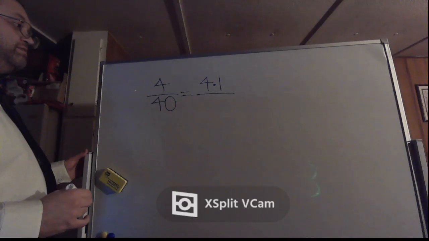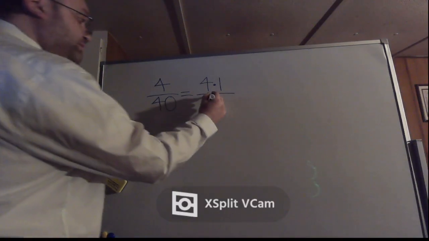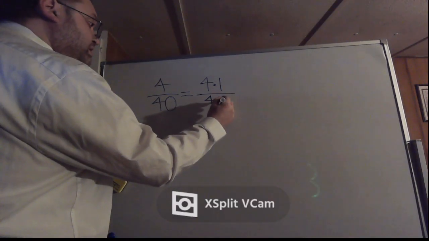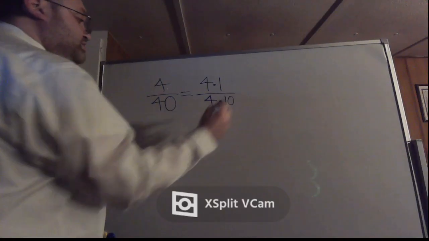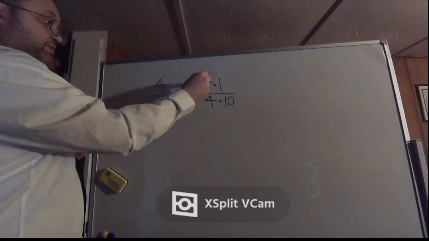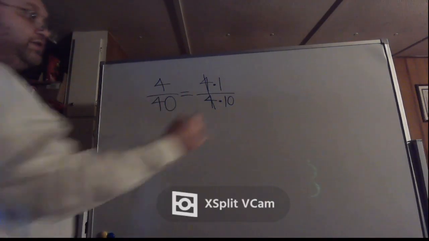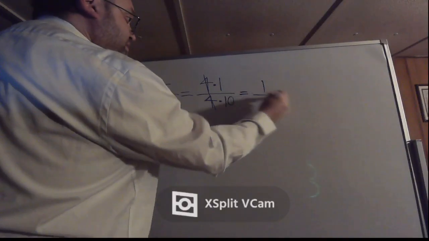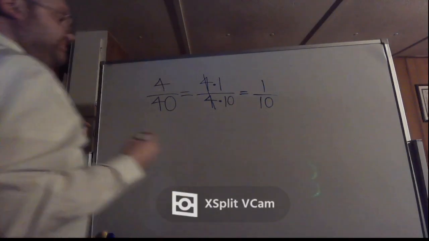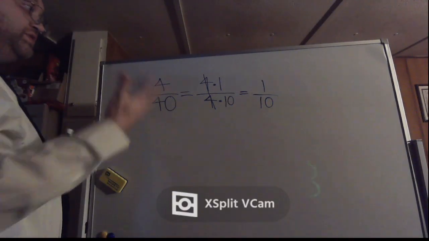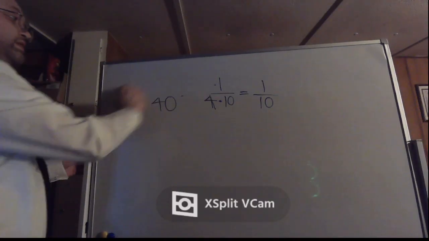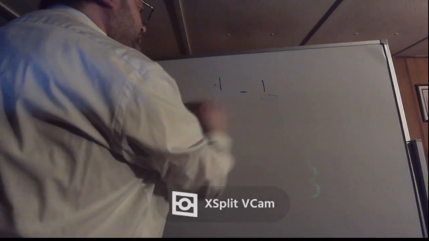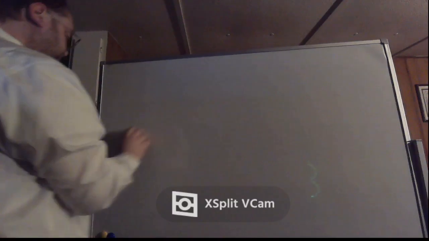And then 40, you'll have 4 and 10. So we can cancel out both 4's from the numerator and denominator. You're left with 1/10. And that does not reduce any further, so 1/10 would be your answer for simplifying it.